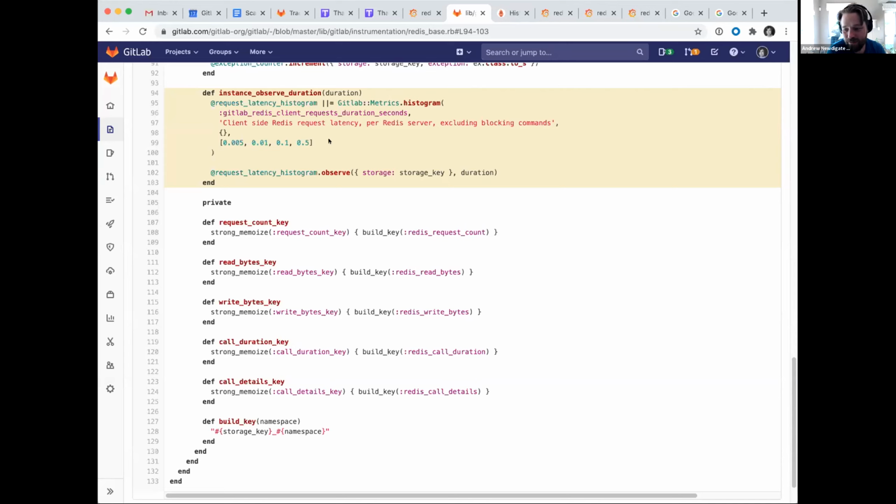Here's an interesting, slight detour. If you cast your mind back to about February 2017, when we were putting observability into GitLab, and I remember we were having a lot of discussions around this stuff at the time, and we decided on some buckets, but then we also made it configurable in the GitLab config, which is, I think, the only place in the GitLab application where the buckets are defined in configuration.